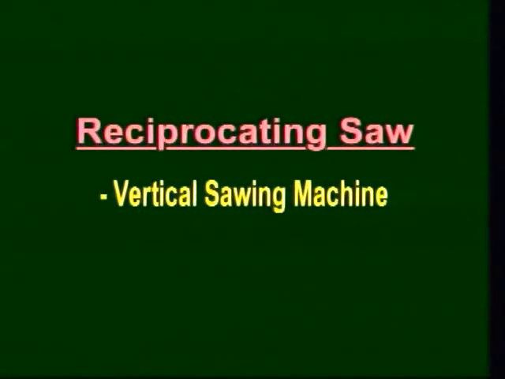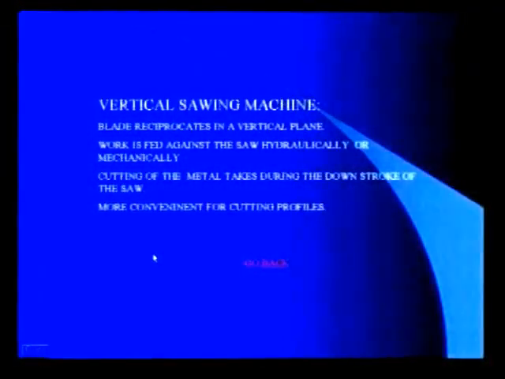Now we discuss another reciprocating saw, that is vertical sawing machine. The working principle of vertical sawing machine is similar to that of horizontal power hacksaw and differs in the manner in which the blade reciprocates.